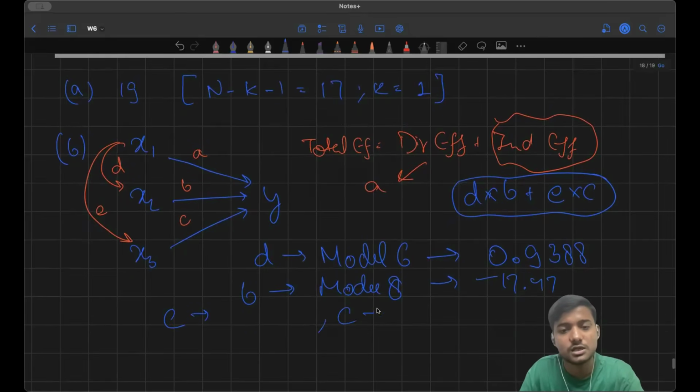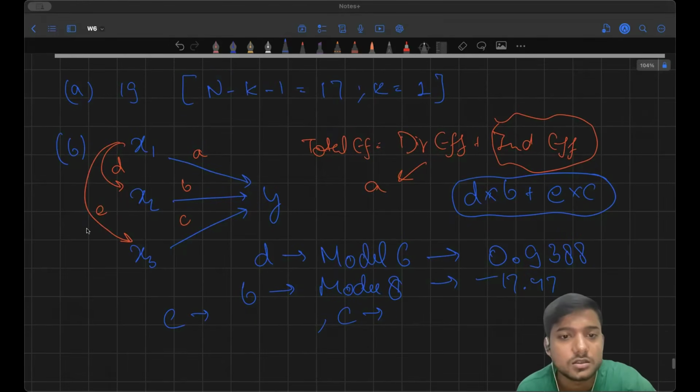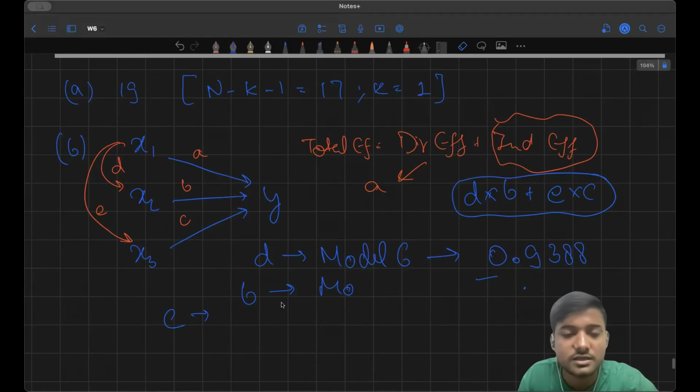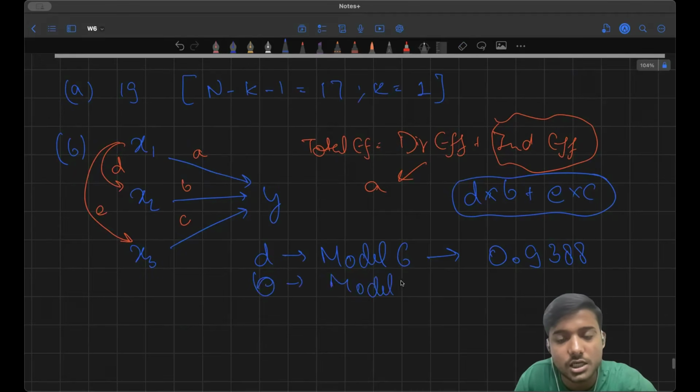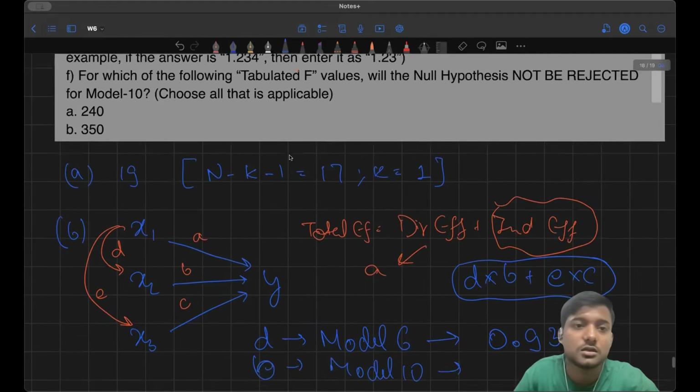E would come from your model number 4 and C would come from model number 10. Why is this coming from model number 10? Let me explain that. This was B coming from model 10, not model 8.